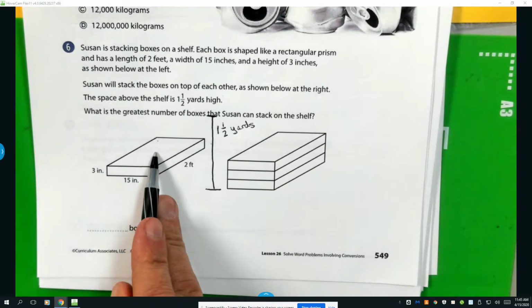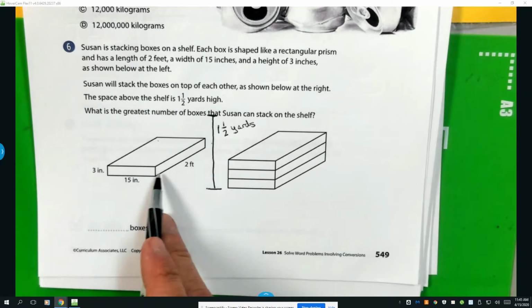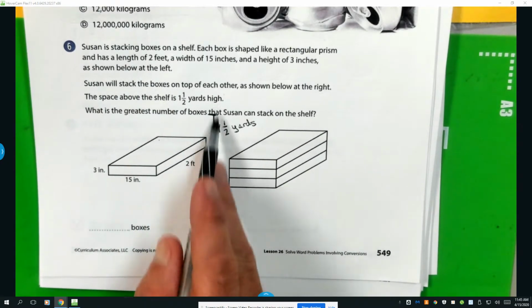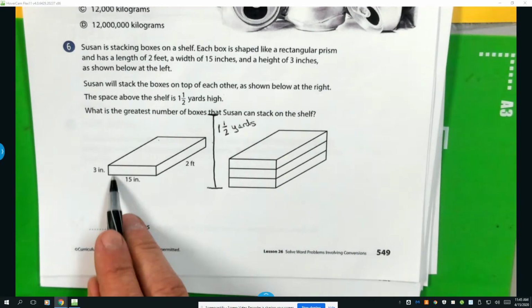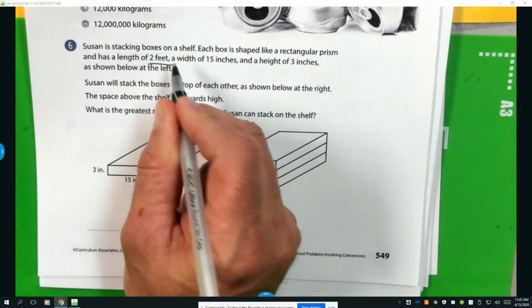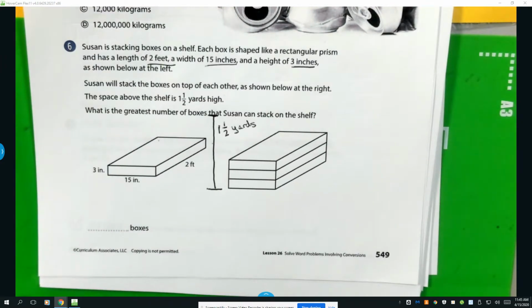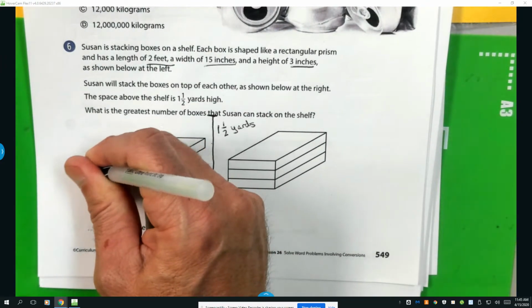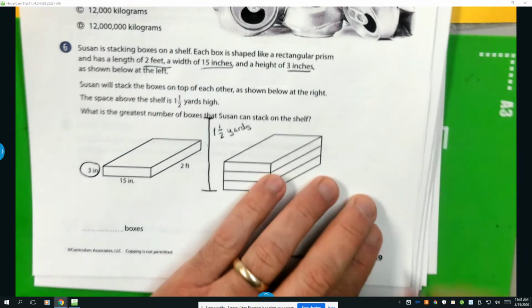How many of these boxes will stack on this shelf when placed this way to the very top? All right. So the only thing I really need to know is how tall in height the box is. It has a length of 2 feet, width of 15 inches, a height of 3 inches. So this number right here, 3 inches tall, is all I need.